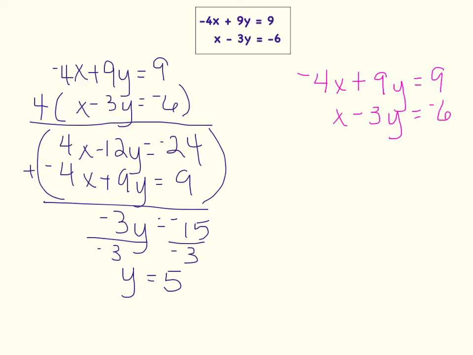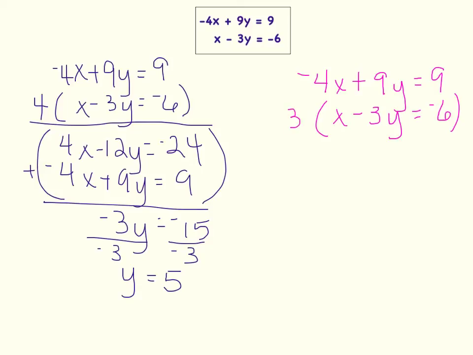So let's do that. Okay, I'm looking at my -3y, and what can you multiply to -3 to equal a -9? Well, the answer to that would be a +3. So I'm going to multiply this equation by +3.